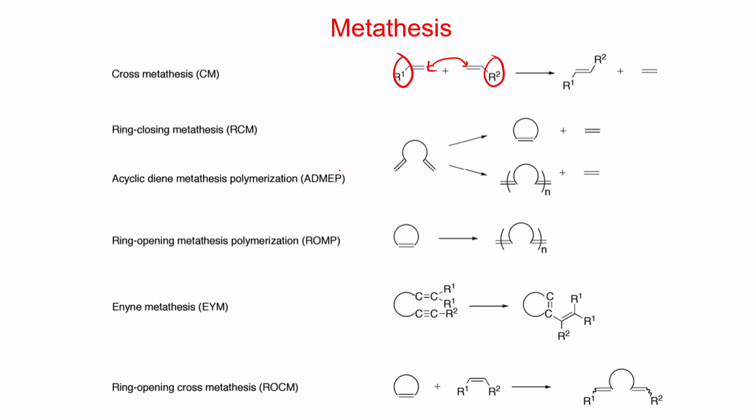Now coming to ring closing metathesis. For this, what happens? Let's say in the terminal position you have this kind of alkene, and you use this particular carbene catalyst. What would usually happen is it would generate this kind of intermediate. Now, the same thing would happen like this.